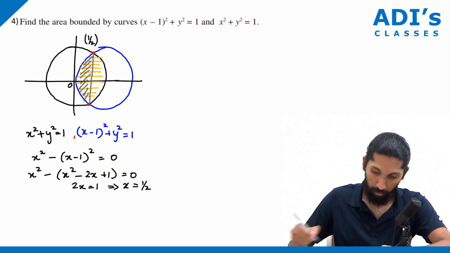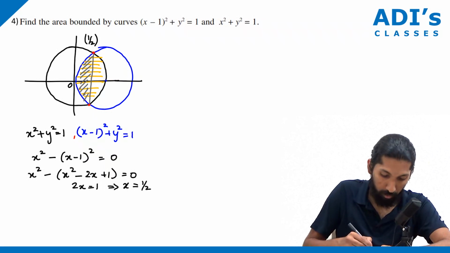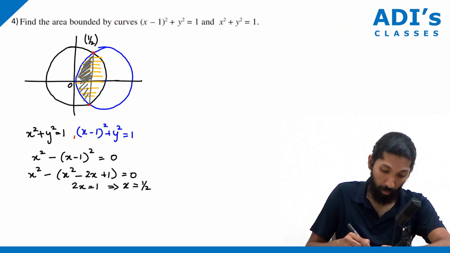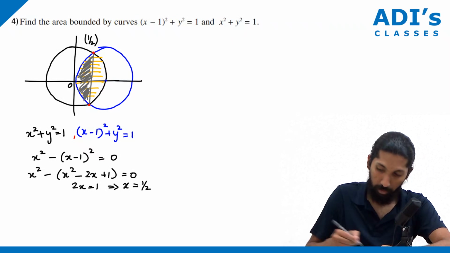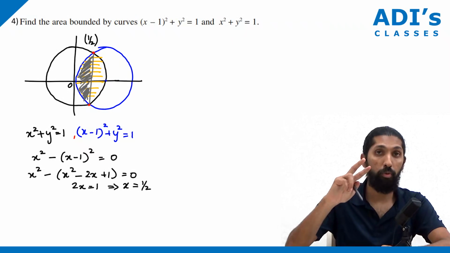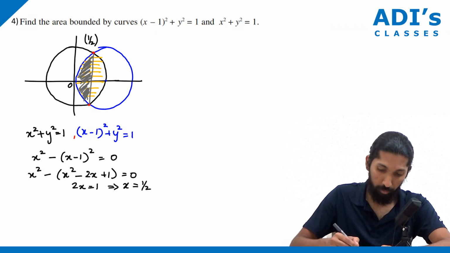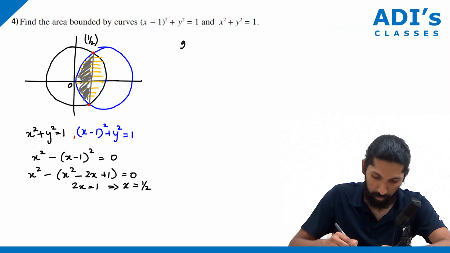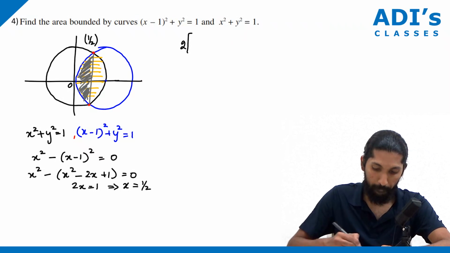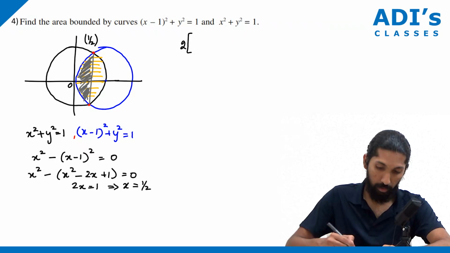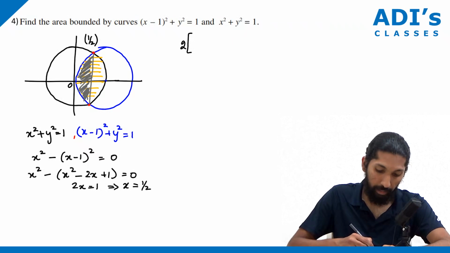And if you look at this, there are two curves here, as in two parts. The top is one part, the bottom is one more part. That means here we have to do 2 times, correct? So first we'll do twice the area.